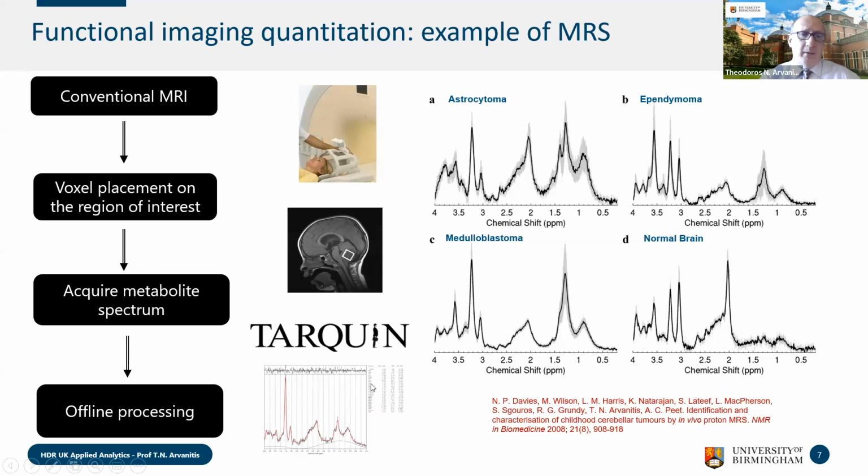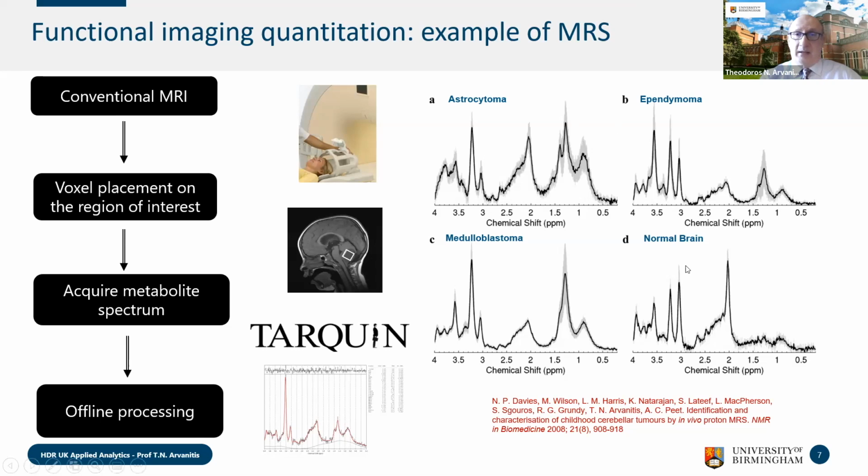Then we are able to take this out of the scanner, process it, and potentially use it as part of the pipeline to make decisions in terms of classifying disease by different types, or seeing how badly it will progress and what the prognostic factors are.